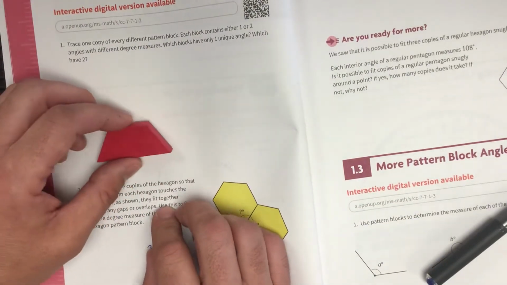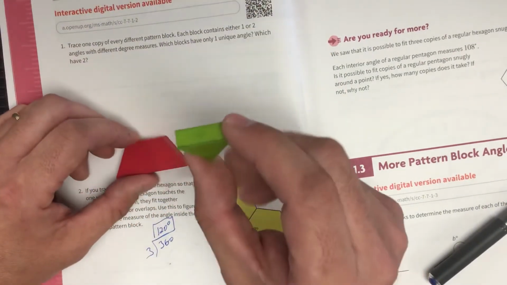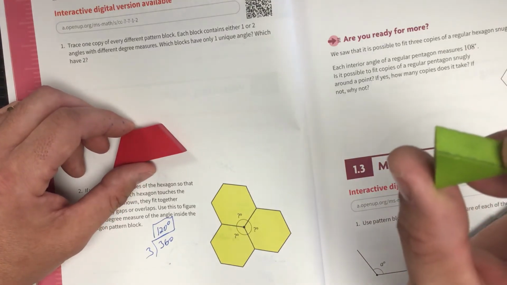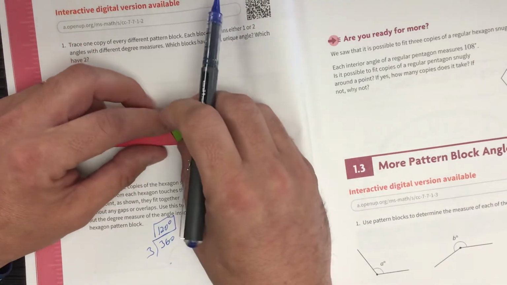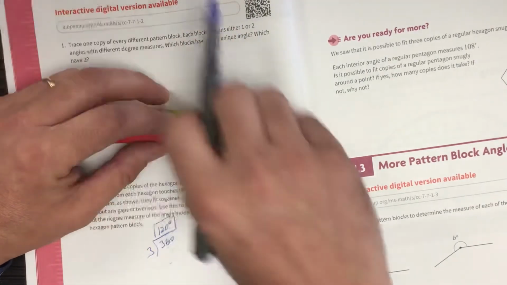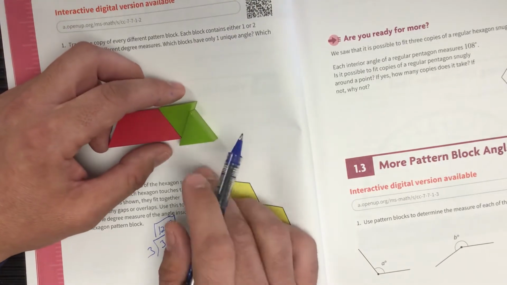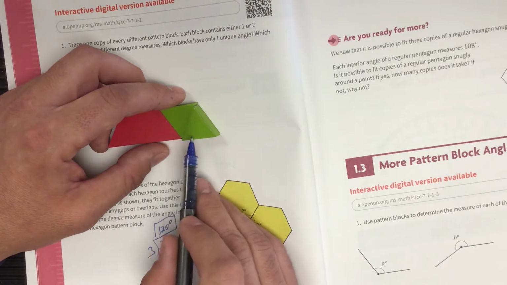All right, now this one's a little different. Okay, I'm going to use this one since you told me how many degrees it made, right? Each one of these is what? 60. So let's look at the bottom angle. These make a straight line or a straight angle.